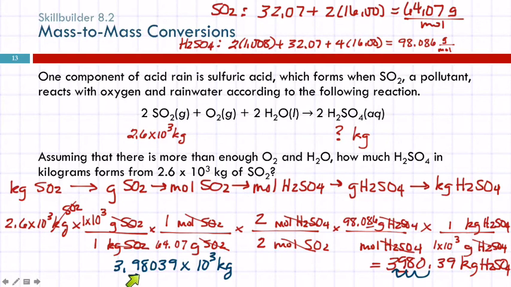I'm going to look at the 8. The 8 tells me I need to round the 9 up. 9 rounds up to 10. What does that do to the 3? It goes to 4. So this is 4.0 times 10 to the third kilograms of H2SO4.